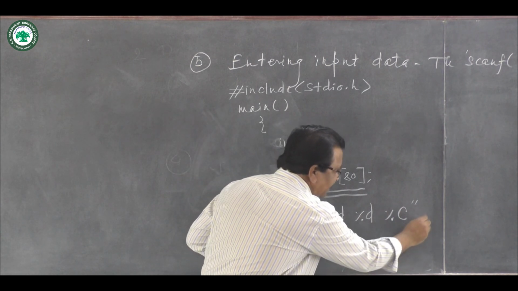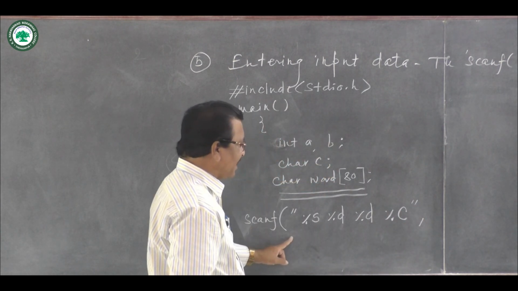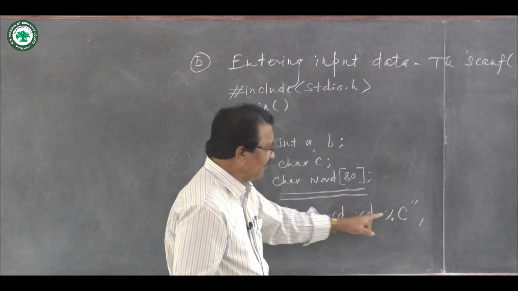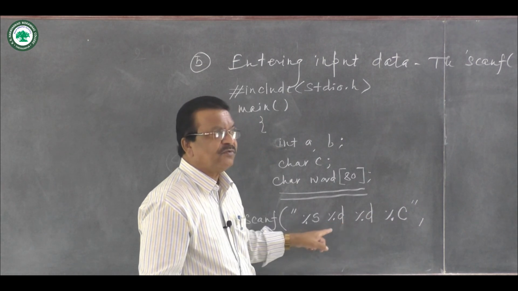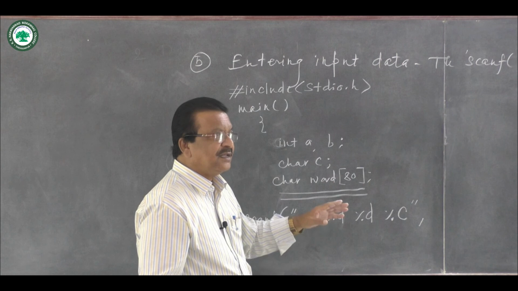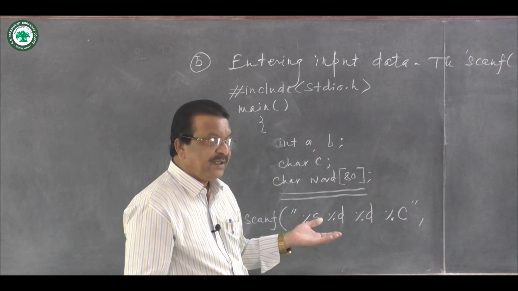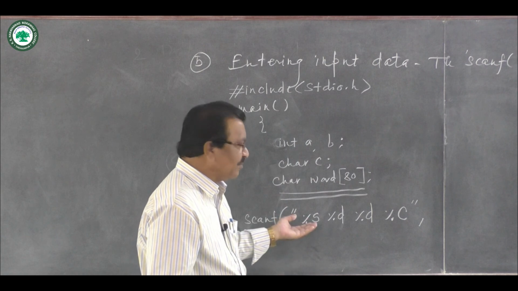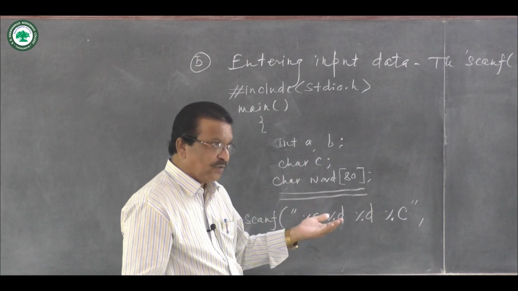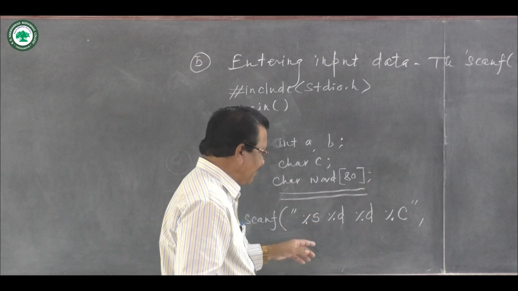This is the control string followed by a comma. 1, 2, 3, 4: 4 character groups or 4 conversion characters are there. Therefore, the number of arguments that follow will be 4.